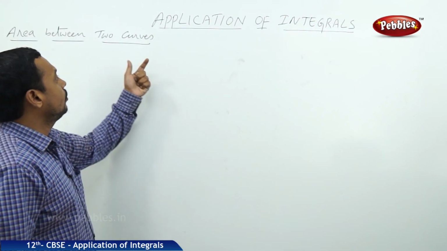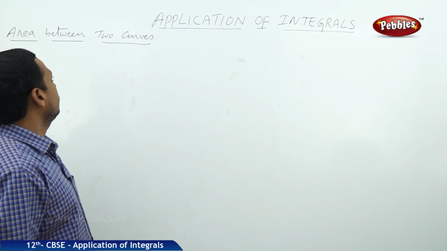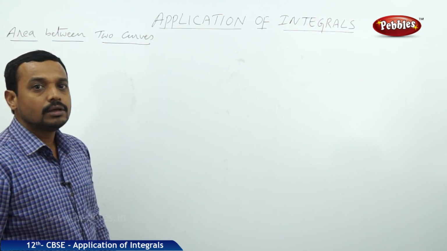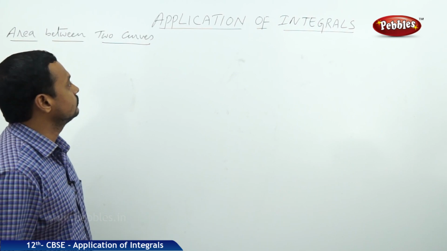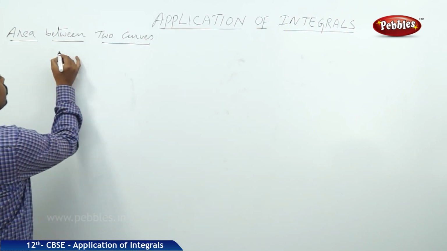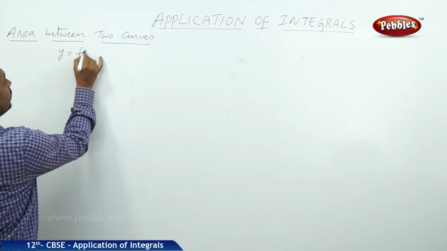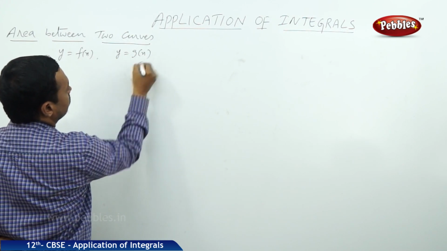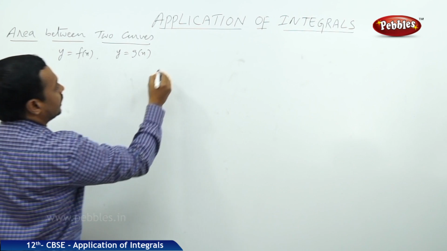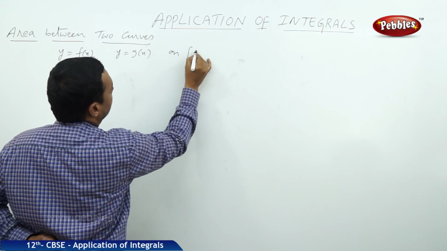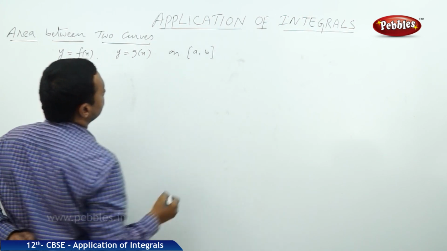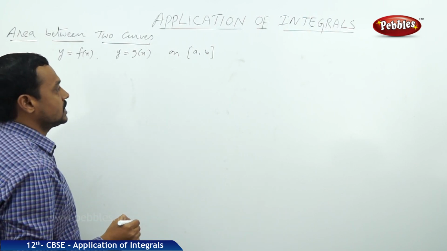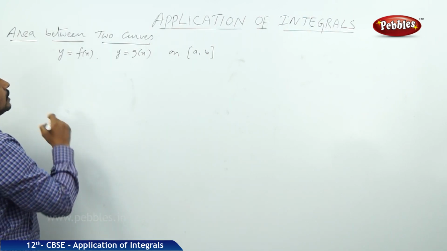Now we are going to find the area of the region bounded by two curves. Suppose we have two curves, y is equal to f of x and y is equal to g of x, on the interval a comma b, the two functions defined on the same interval a comma b.